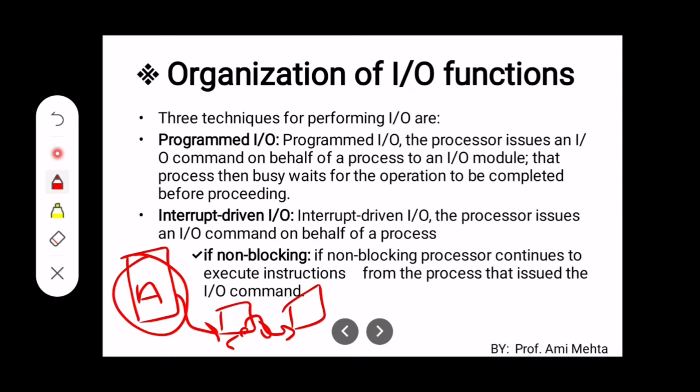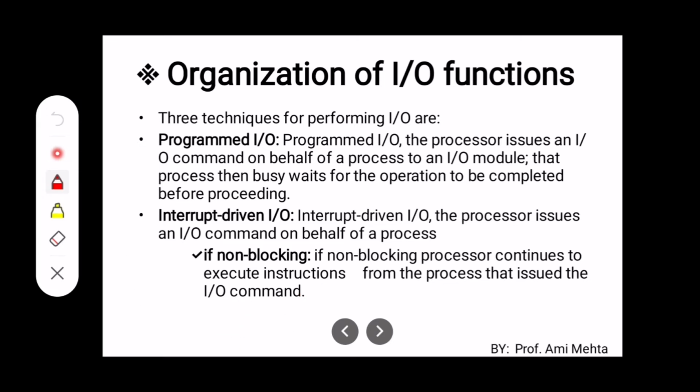The next one is interrupt driven IO. What happens in interrupt driven input output operation? The processor issues an IO command on behalf of a process. If it is non-blocking, then the processor continues to execute instructions from the process that issued the IO command. For example, this is a process A in a non-blocking state.